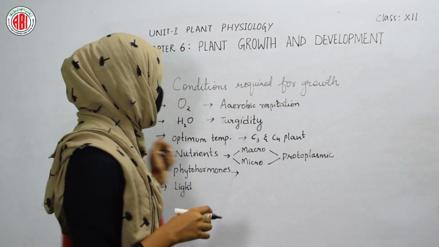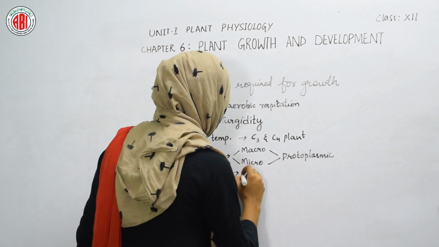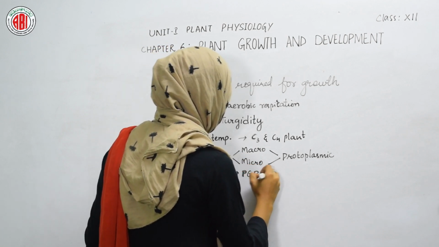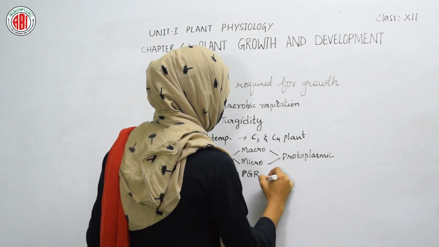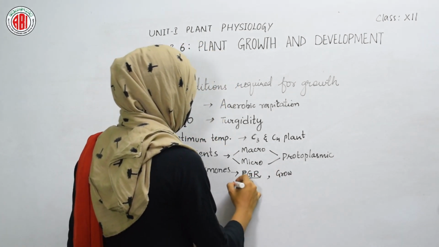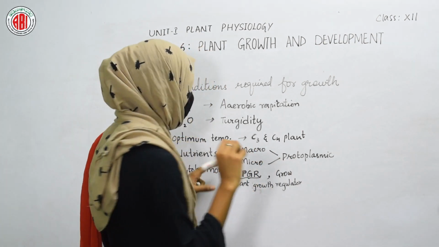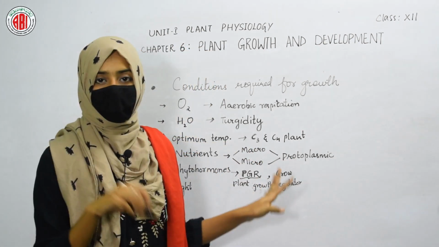Out of these 5 phytohormones, 3 are plant growth regulators and the remaining two are growth inhibitors. Here PGR is nothing but plant growth regulators. In this chapter we are going to discuss all these phytohormones in detail.